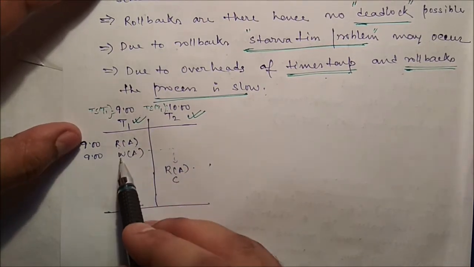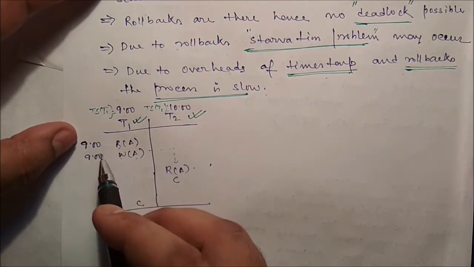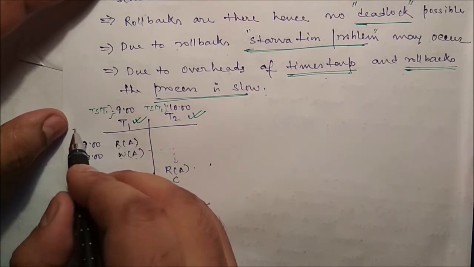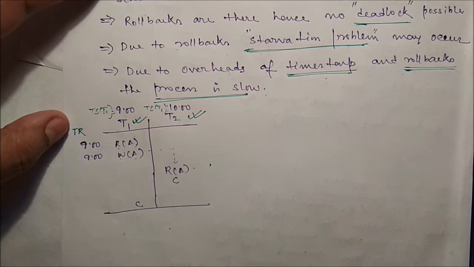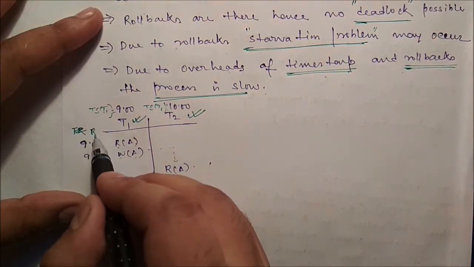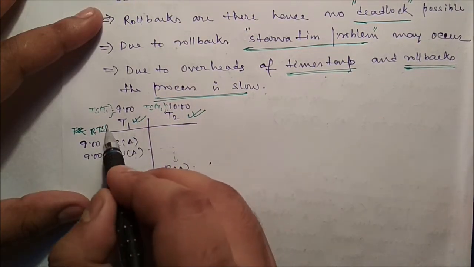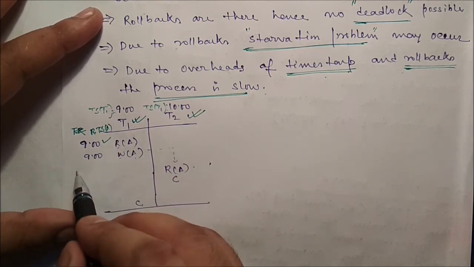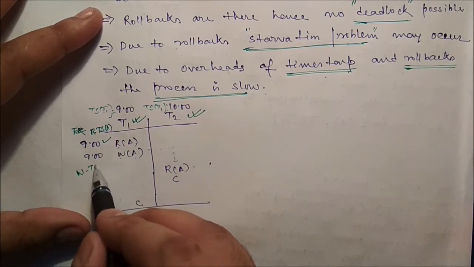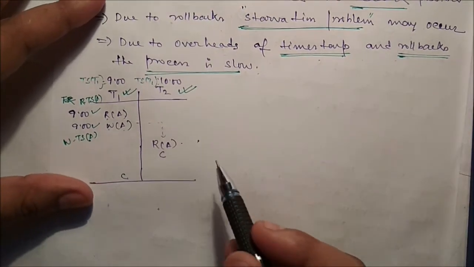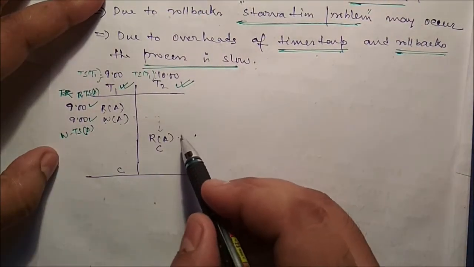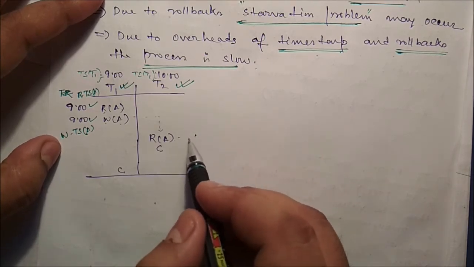Now, read A and write A. So a successful read A: this is our R timestamp for the A variable, it is 9 AM, and the W timestamp for the A variable is also 9 AM, a successful write operation. Now T2 needs to read that variable. So what about this particular timestamp?